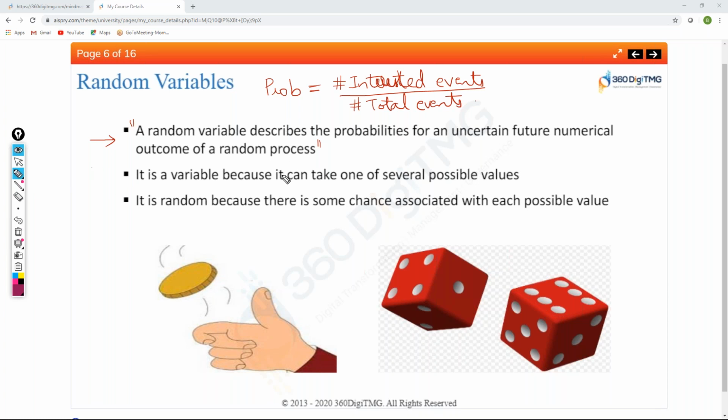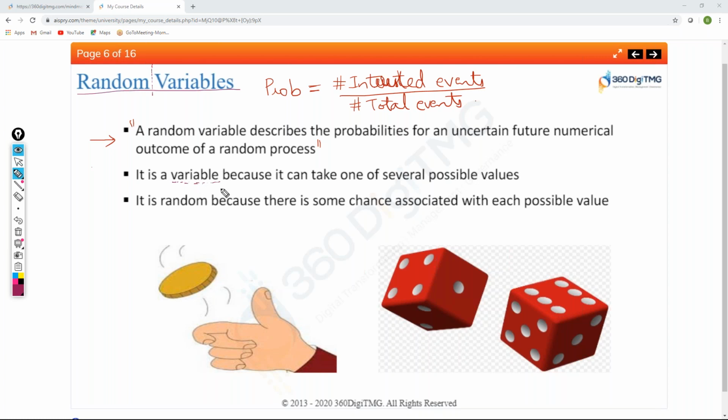Let's split random variable into two components, variable and random. Let us understand the first component, variable.